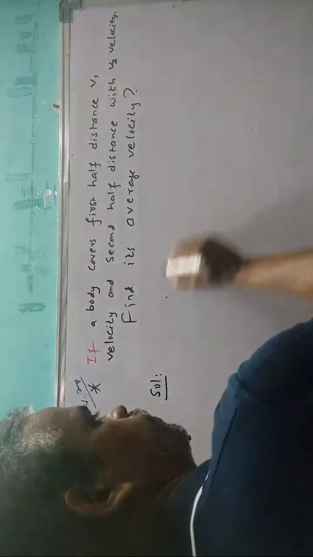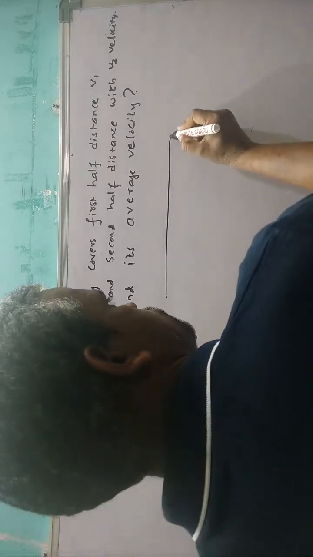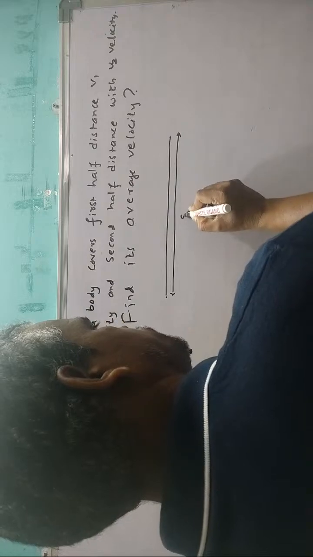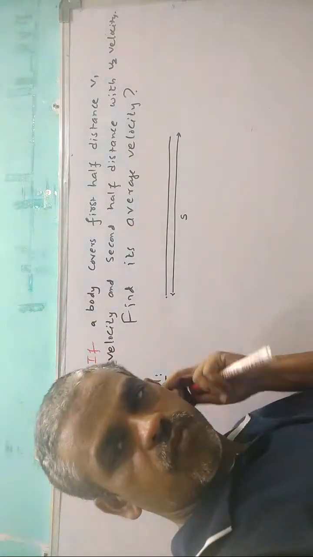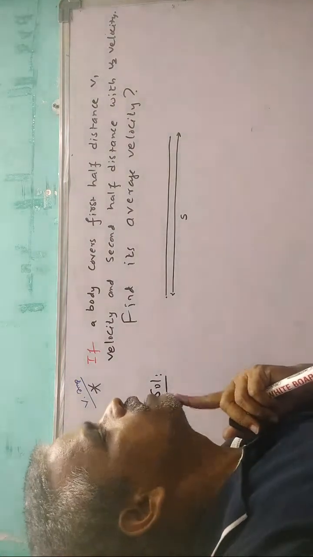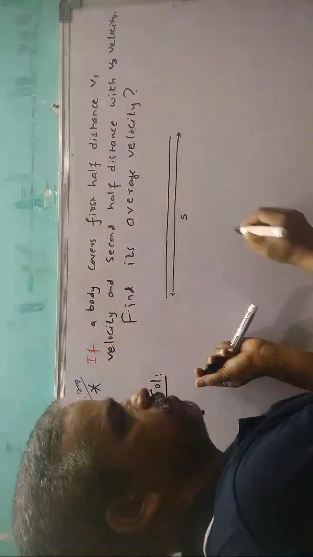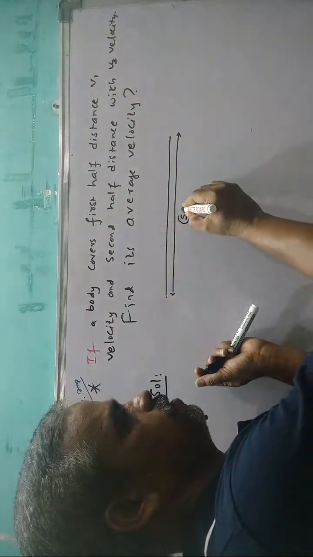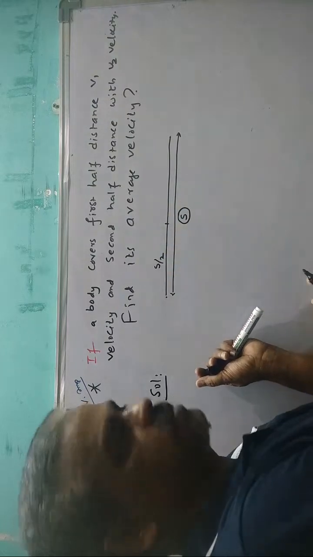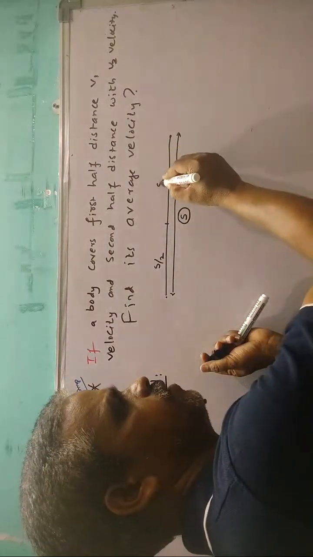Look here. For example, this is total displacement. Yes, total displacement is S. So here, if a body covers first half distance, that means up to here S by 2. This is the first half distance. Next, remaining will be S by 2.